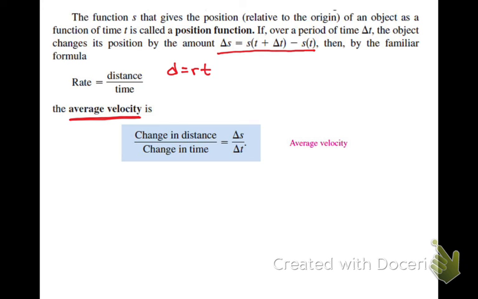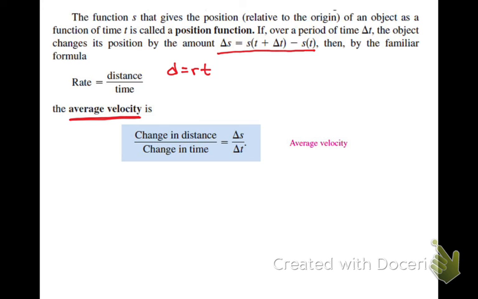Then by the familiar formula, distance equals rate times time. Those are the two things you need to know. Velocity, guys, is the derivative of the position function. So if we get a position function and we want the velocity, we take the derivative, and then you plug in the 6 seconds, and it tells you the velocity.